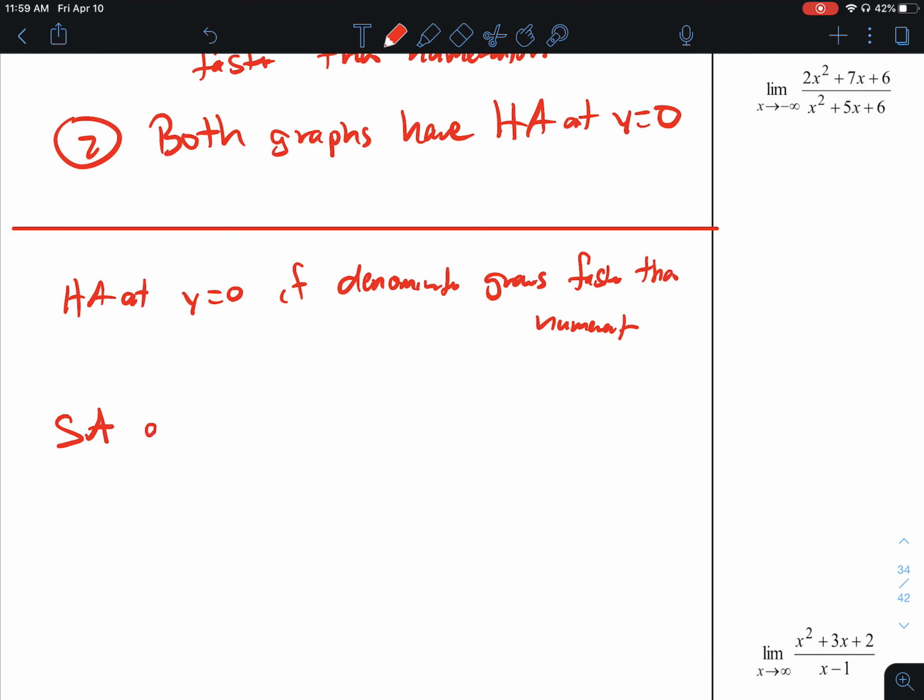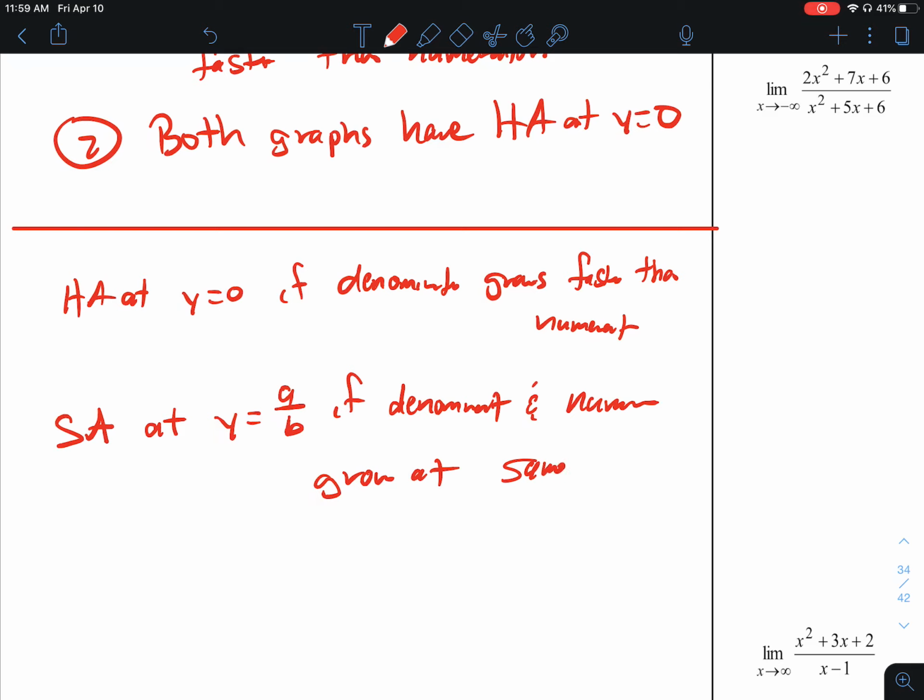There is a horizontal asymptote at y equals a over b if the denominator and numerator grow at the same rate. That growth rate is determined by the type of function it is.